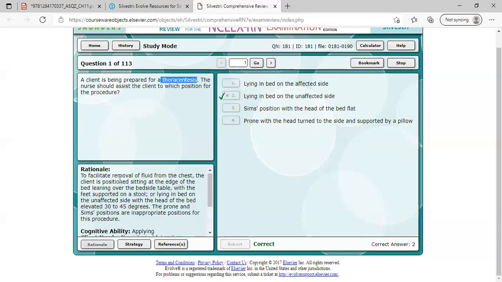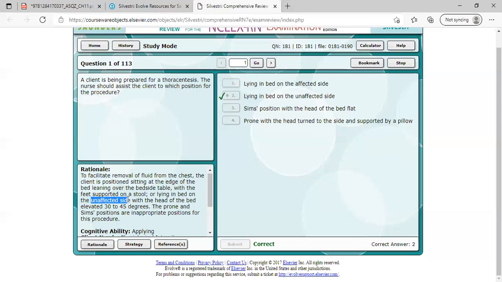To facilitate removal of fluid from the chest, like pleural effusion, where fluid is accumulated, the client is positioned sitting at the edge of the bed and leaning over the bedside table with the feet supported on a stool, or lying on the bed on the unaffected side.